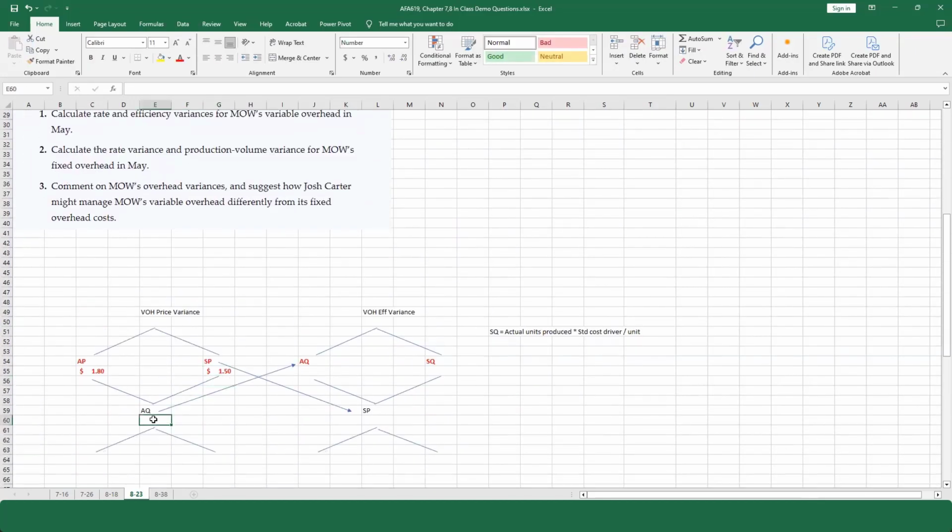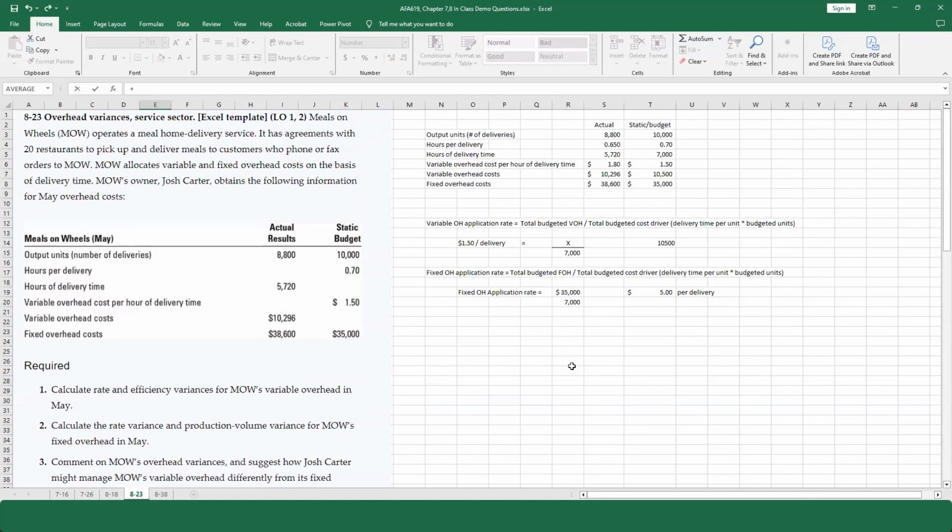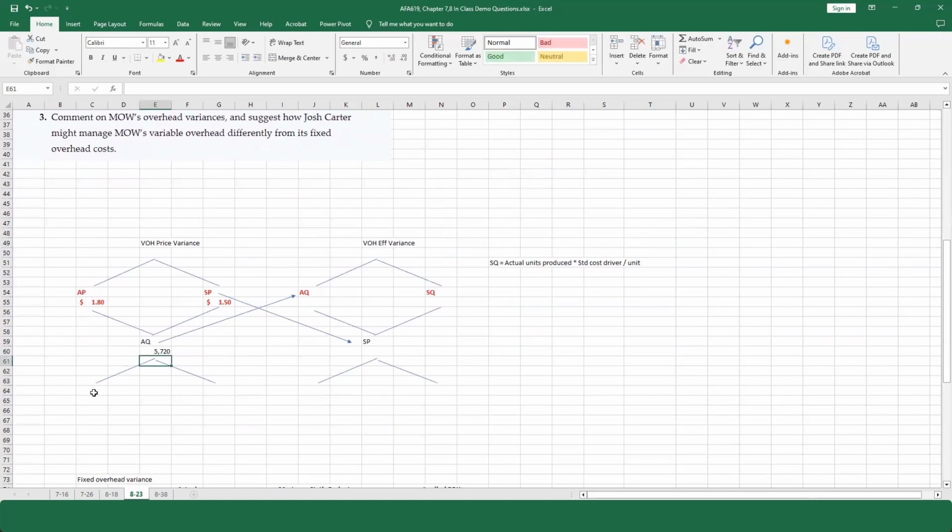Now, the actual quantity, what we want here is the actual number of hours that meals were delivered, right? There we go. So that is 5,720. If we do this math, I'm going to do the same math over here. And then I'm going to do the difference between these two.